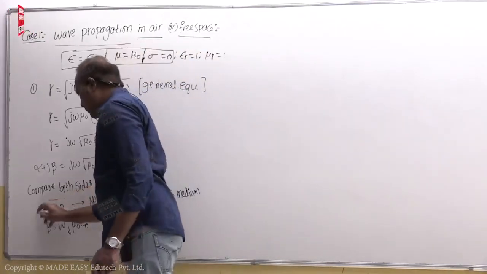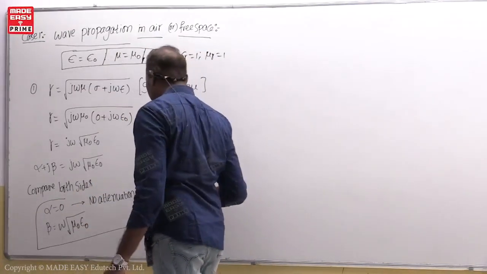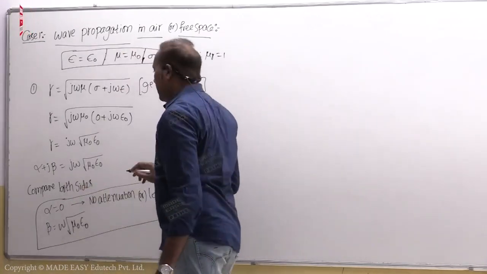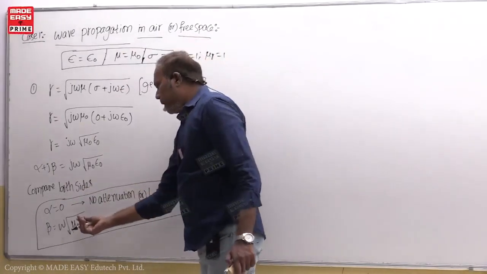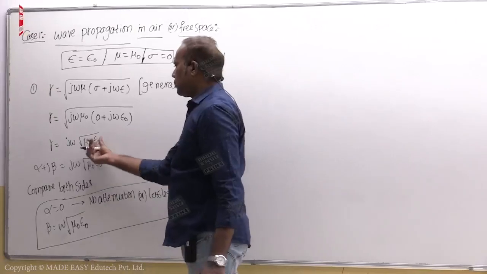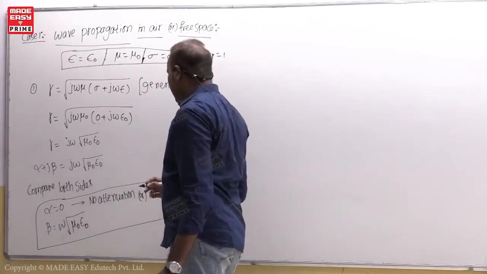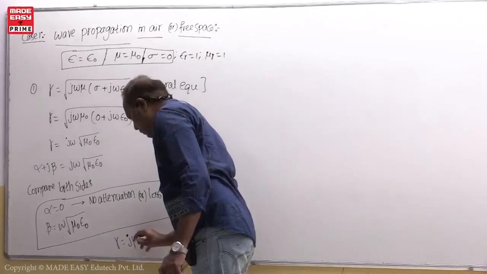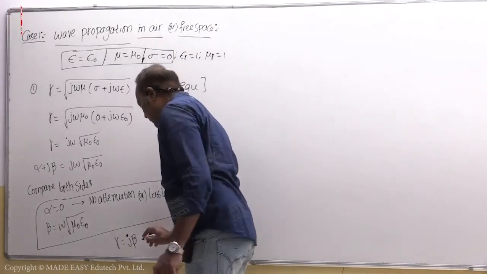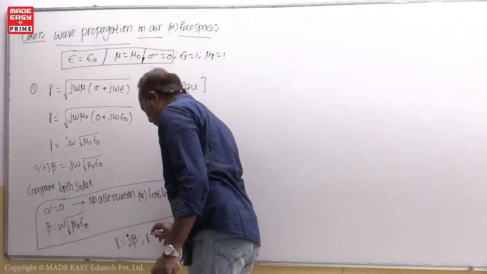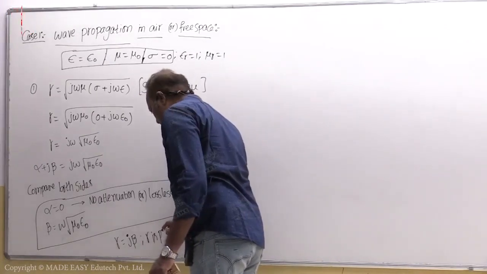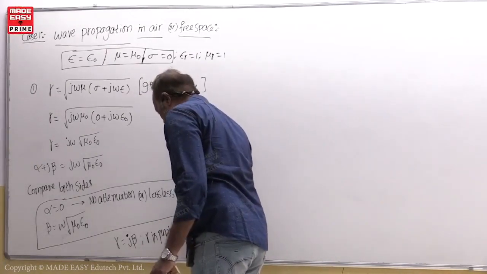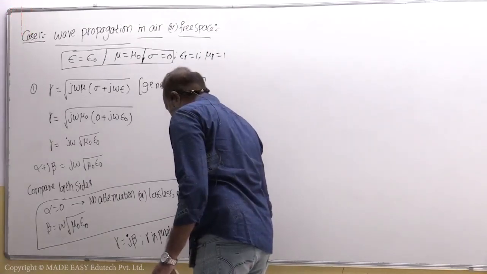Now if you see carefully, beta is omega root mu epsilon, this one. So that means in this case gamma is equal to j into beta. So gamma is purely imaginary.